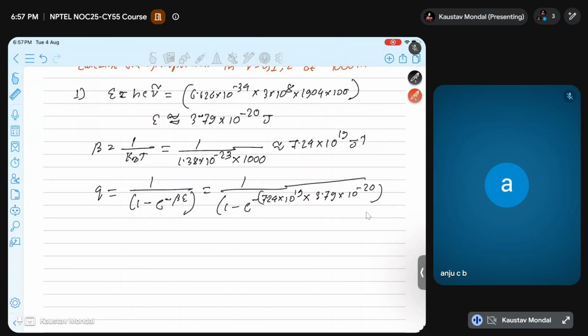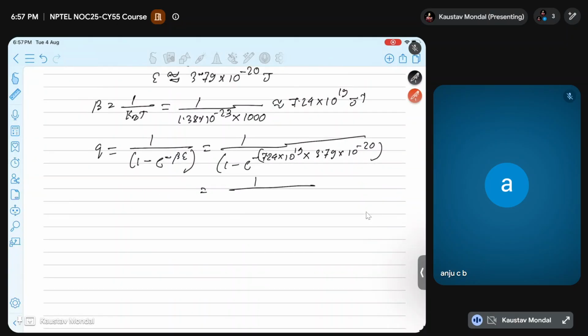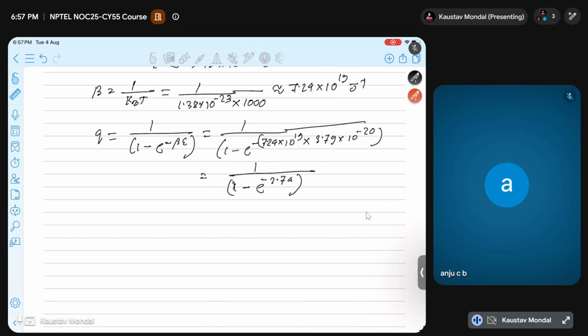If you do this multiplication, you get 1 by 1 minus e to the power minus 2.74, which roughly gives you 1.067. This is the value of Q here.